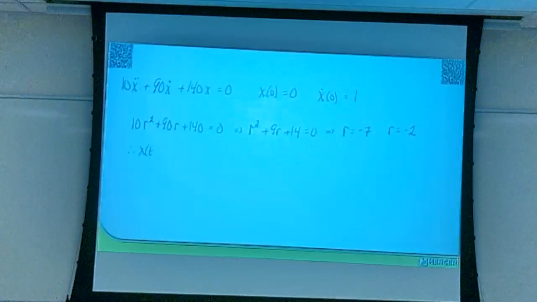What's your position function then? C1 e to the -7t plus C2 e to the -2t.